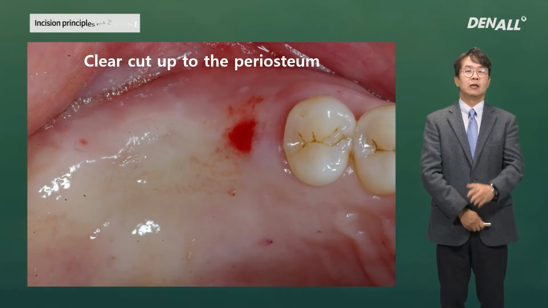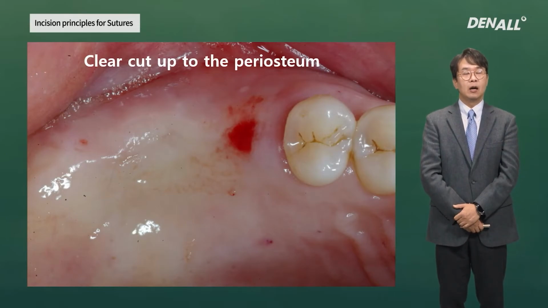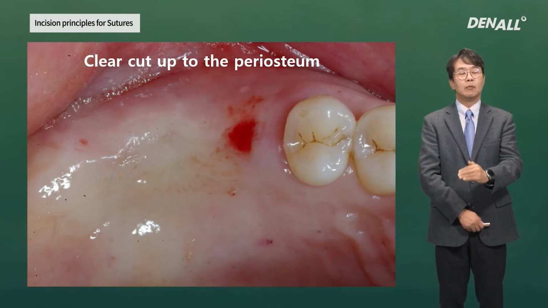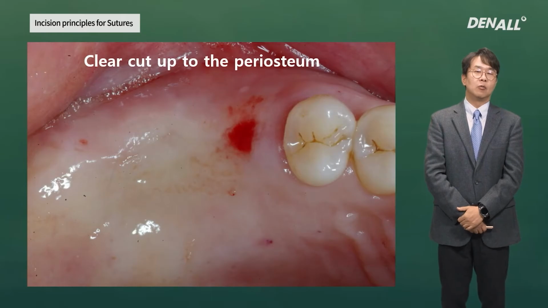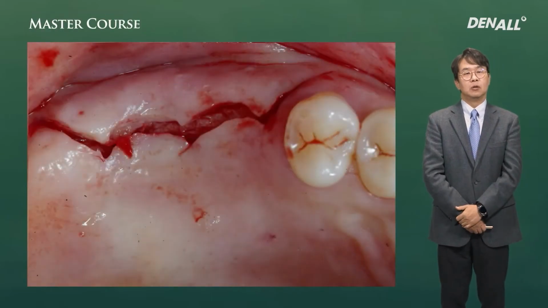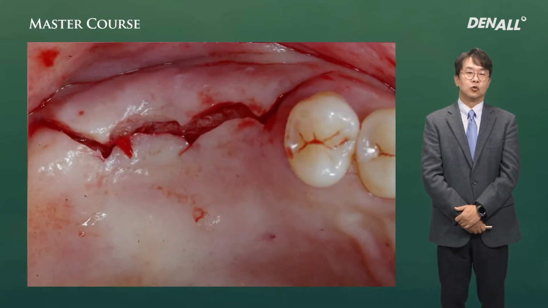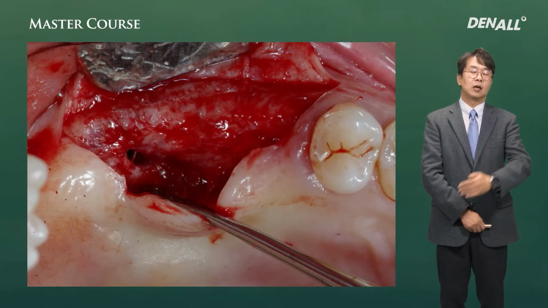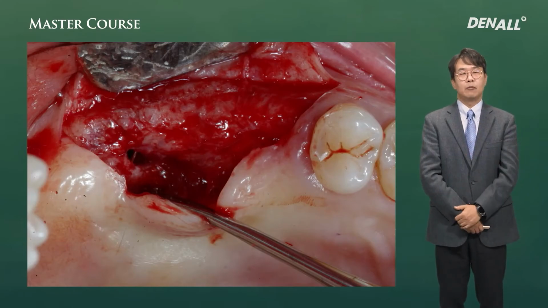When you place an implant, the incision should be made up to the periosteum to avoid damage to tissues. So the incision is made like that and the flap is lifted. The flap includes the periosteum and you can see the bone below.